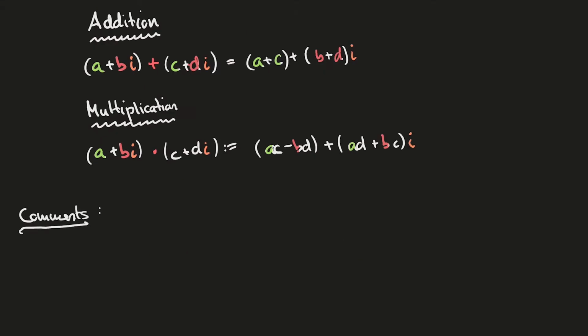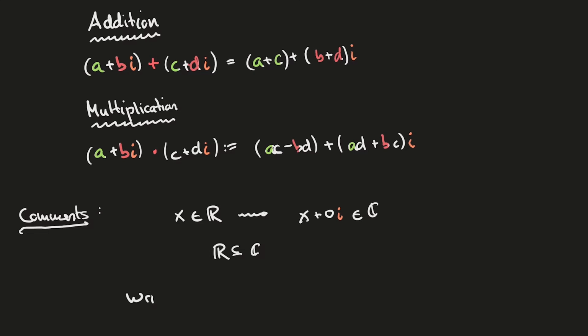So I'll make some comments on the above definitions. If we're given any real number x in R, we can identify it with a complex number x plus 0i in C. So this means that we have an embedding of the real numbers into the complex numbers, and so we have that the real numbers are a subset of the complex numbers.